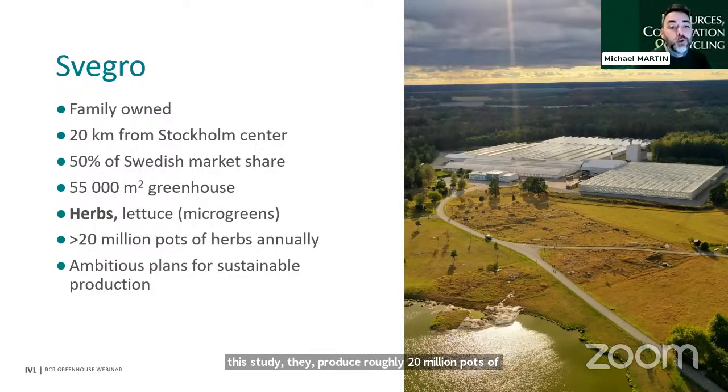The herbs are all sold in pots, as potted plants that you can use at home. This is very common, for example, in Scandinavia, while in other places it might be cuttings that you have packaged. And they have very ambitious plans for sustainable production. They really want to meet these goals, and they have a lot of ideas about what they should do better.